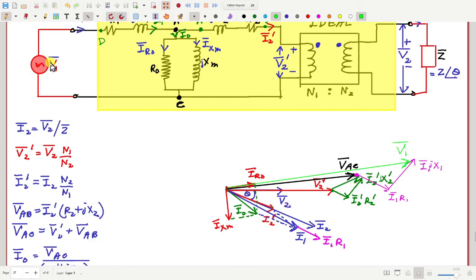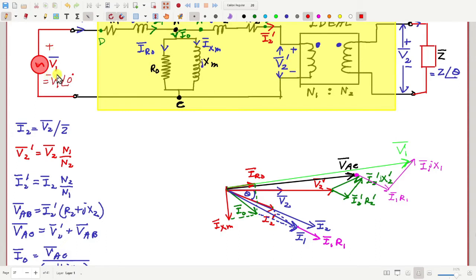Suppose I know V1 is something like V1 angle, say 0 degree, but here I find V1 like this. How can I rearrange all this diagram so that V1 becomes equal to the given input voltage? I am still missing this plus minus signs.